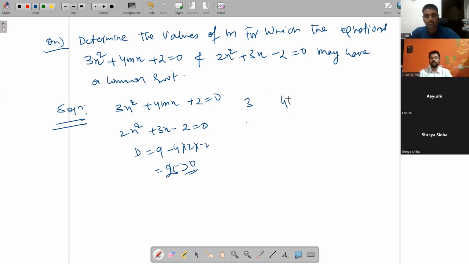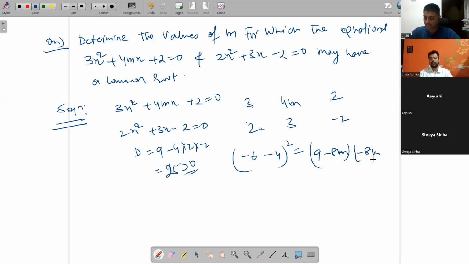So 3, 4m, 2. And then 2, 3, and minus 2. Which sign will we take? Longer diagonal: 3 into minus 2, minus 6, minus 2 into 2, minus 4, and then whole square. This is the smaller diagonal: 9 minus 8m, and then 4m minus 6.